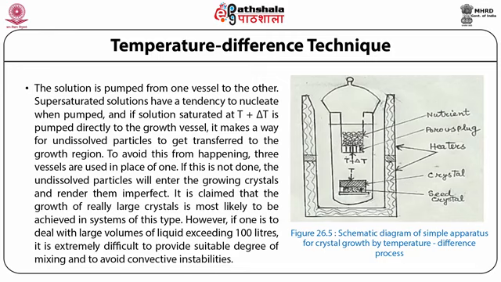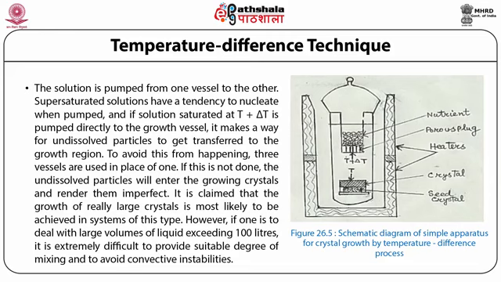Saturated solutions have a tendency to nucleate when pumped, and if solution saturated at T plus delta T is pumped directly to the growth vessel, it makes a way for undissolved particles to get transferred to the growth region. To avoid this from happening, 3 vessels are used in place of 1. If this is not done, the undissolved particles will enter the growing crystal and render them imperfect.